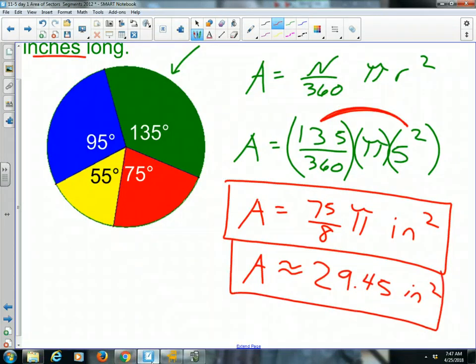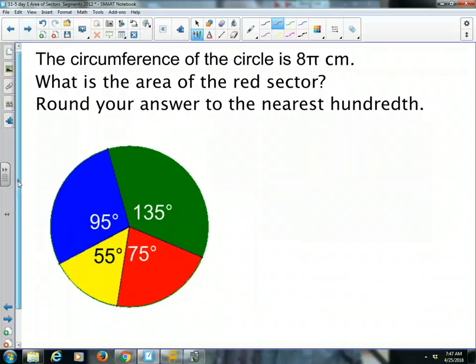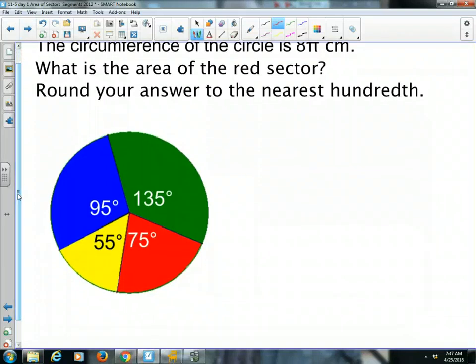All right, let's try the next one. Kind of a similar example. This time, though, it gives you the circumference. The circumference of the circle is 8 pi. What is the area of the red sector? So the area of the sector is n, 75 degrees over 360, times pi times the radius squared.